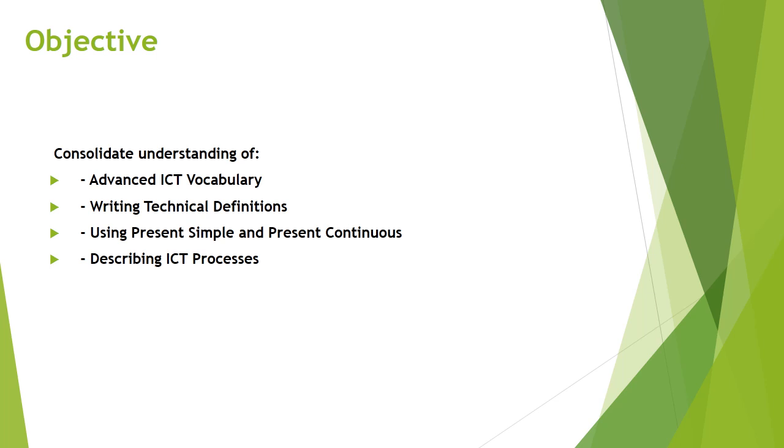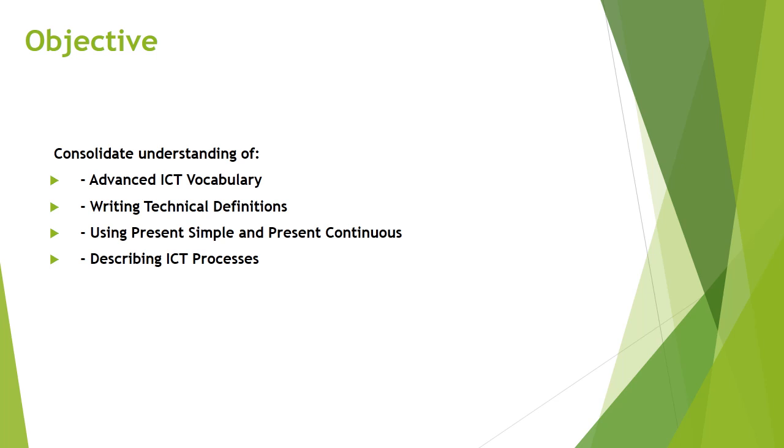So we use words in order to write a technical definition, which refers to defining a term or a word and its primary function. We can as well describe functions and processes using the appropriate ICT words in present simple or present continuous. As well, we can use these words in order to describe ICT processes.